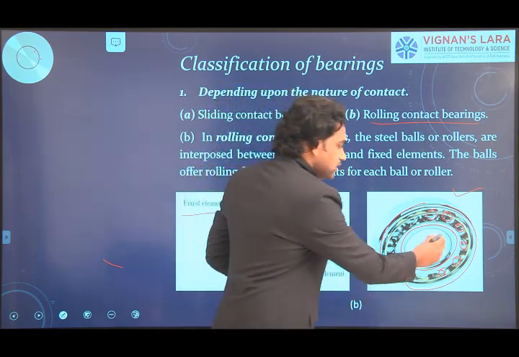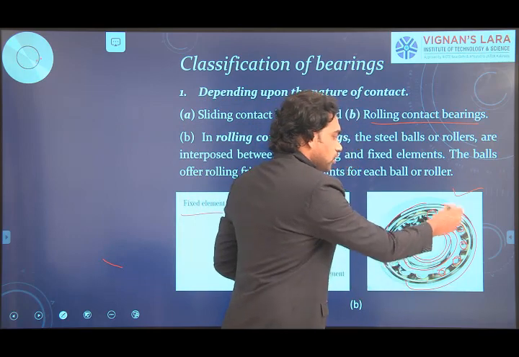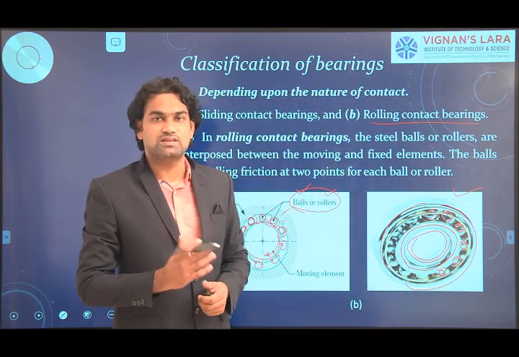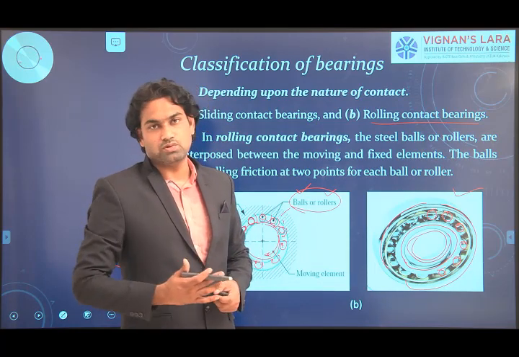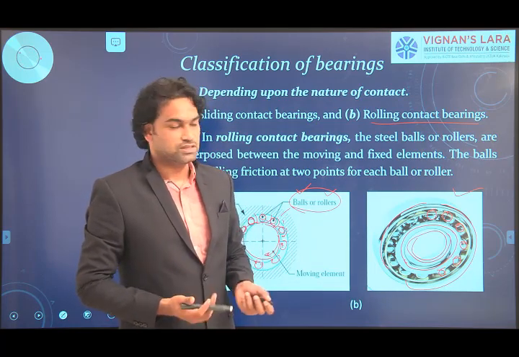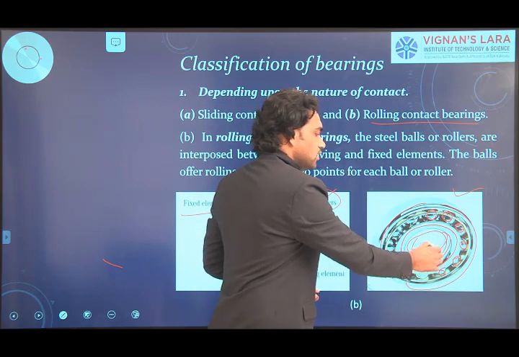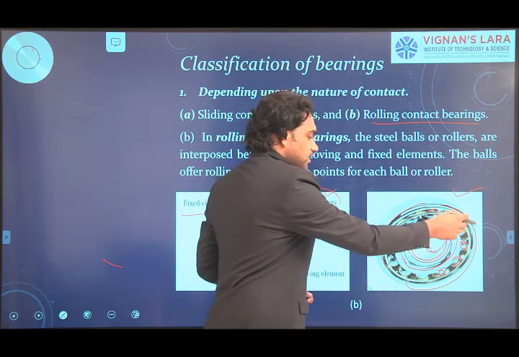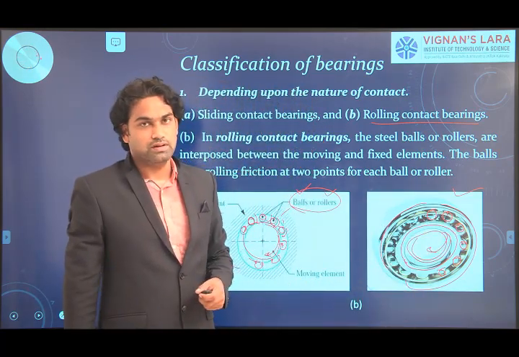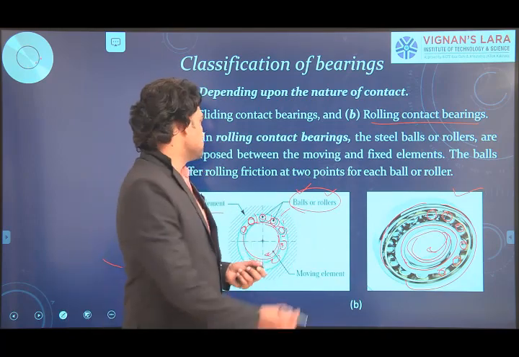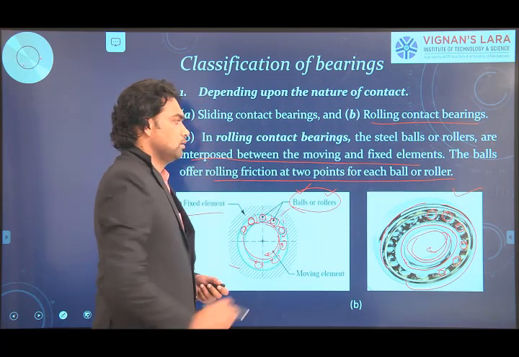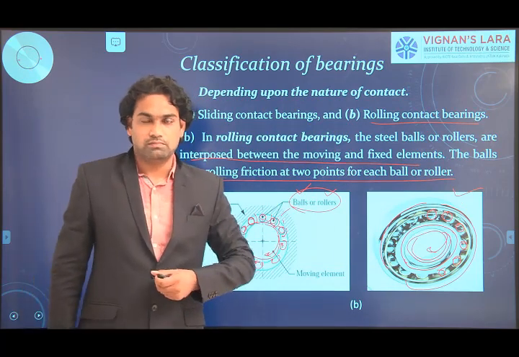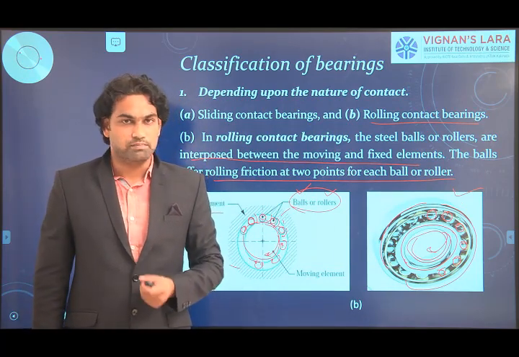Inside the inner race we can accommodate the shaft, and the outer race can be fixed in the hub or whatever assembly the machine has. So whenever the inner race rotates along with the shaft, the balls take the rolling motion, that is, a rolling action takes place between the moving and fixed member. Clear? That we call a rolling contact bearing.